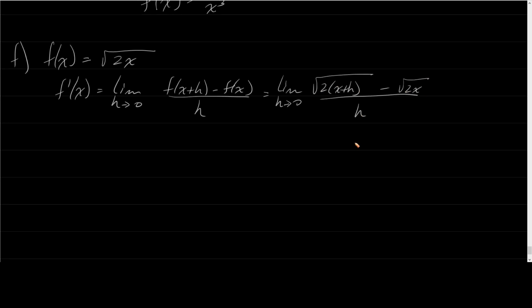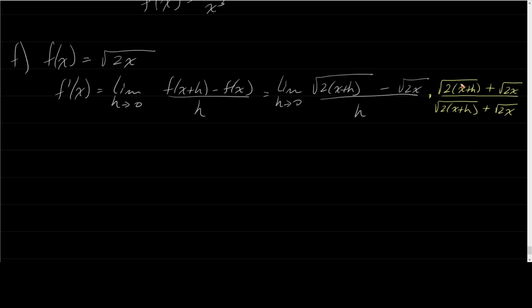Now, at this point, we need to manipulate this because we somehow need to cancel out that h in the denominator. So what we can do here, well, there are always two things we can do to any math problem. Those two things are add 0 and multiply by 1. In this case, I'm going to multiply by 1, but that 1 is going to be the conjugate of the numerator. So we have the square root of 2 times (x plus h) plus the square root of 2x over the square root of 2 times (x plus h) plus the square root of 2x.